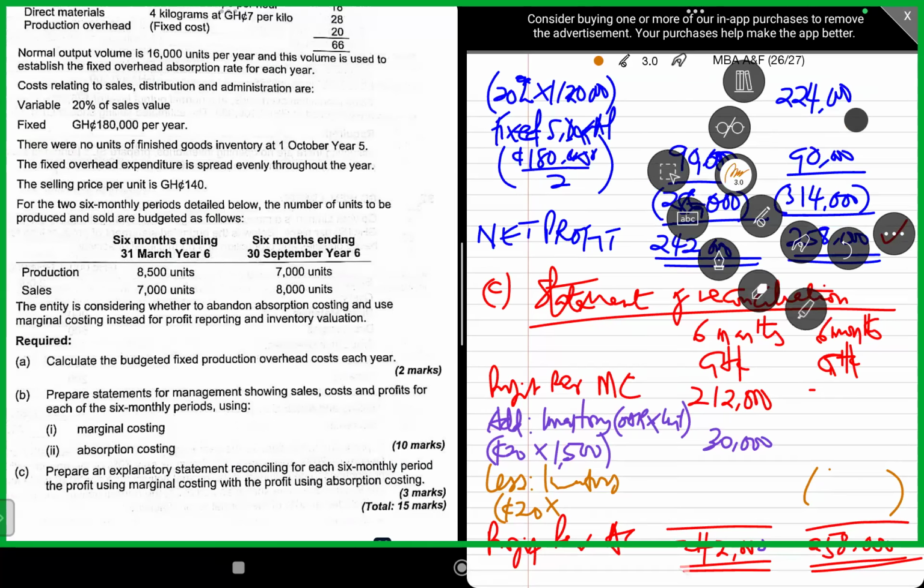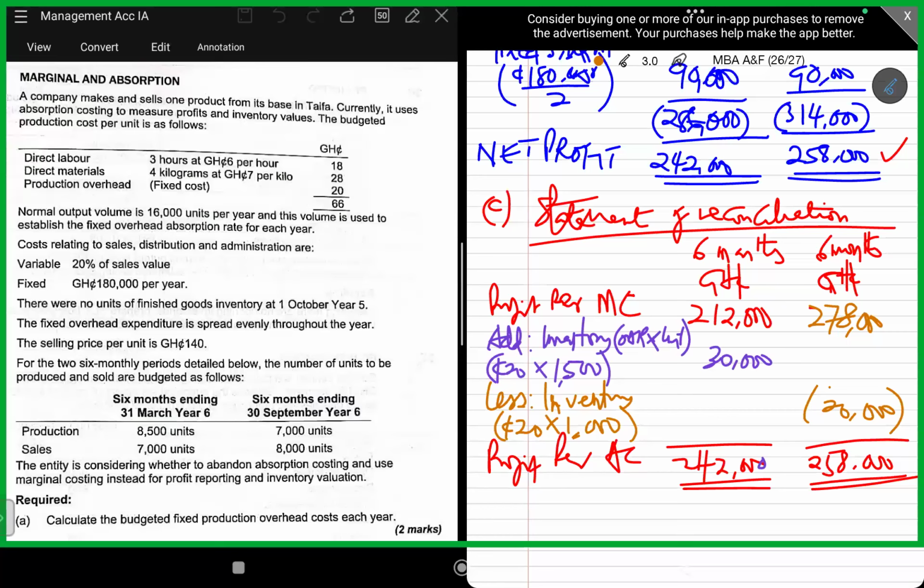Know that when we multiply 20 cedis by 1,000, we'll have 20,000, right? And 20 times 1,000 will give us 30,000, right? Yes. So we are done.